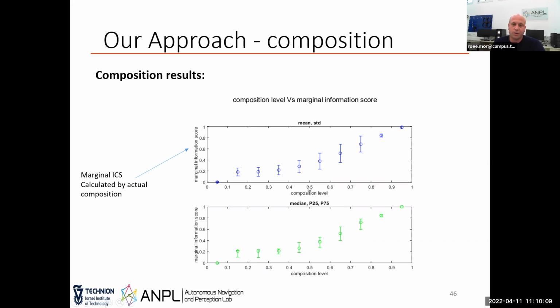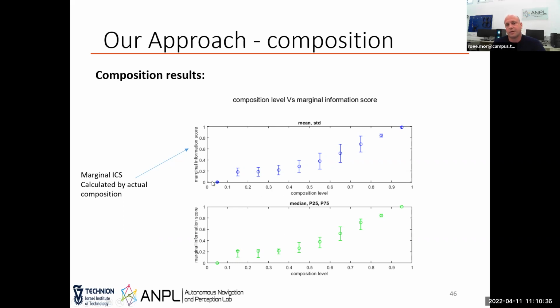Okay, so nodes with low composition level are far from the initial measurements, and nodes with high composition level are close to the initial measurements. And then the y-axis is the information score, the actual information score of the full composition itself, okay? So we see a good correlation.